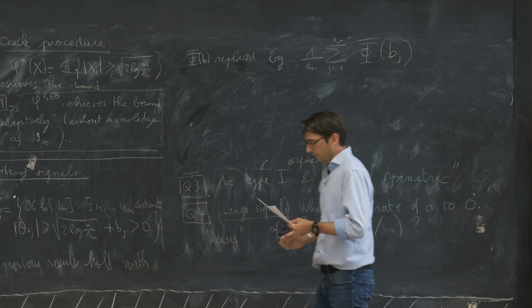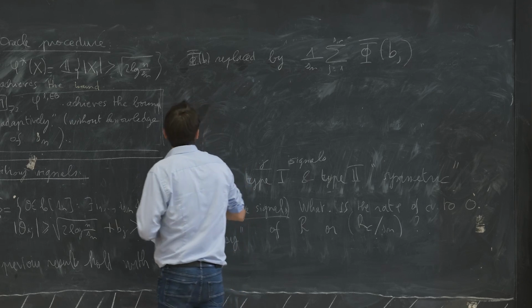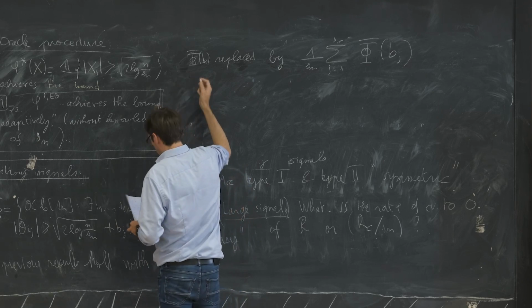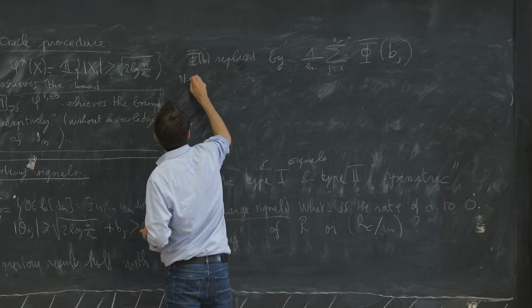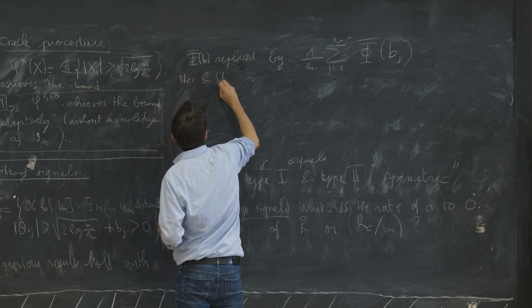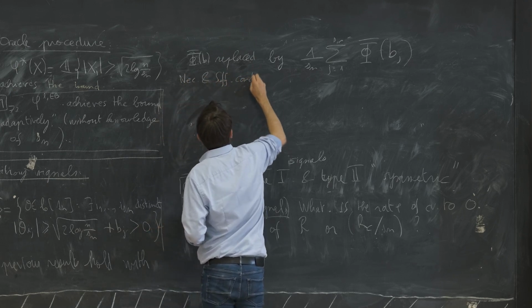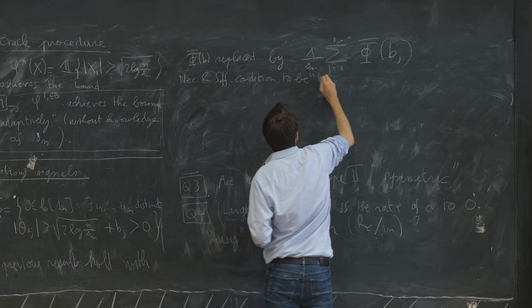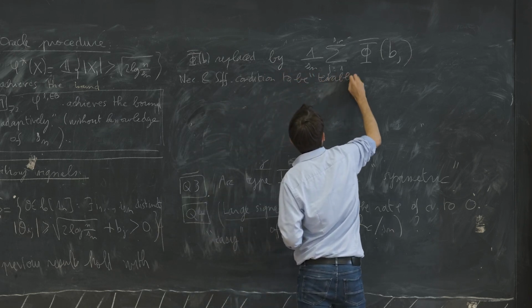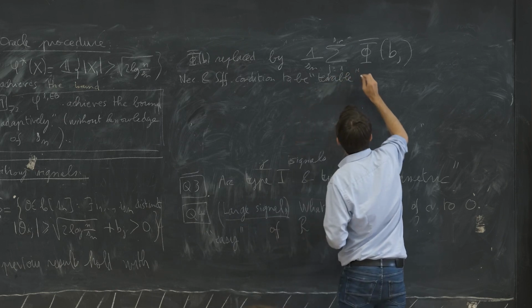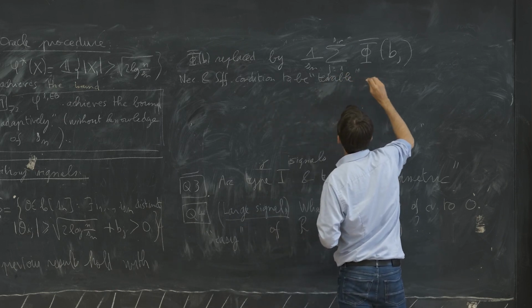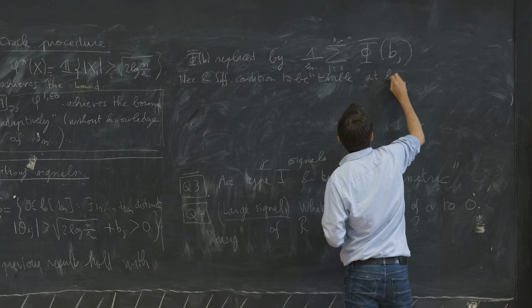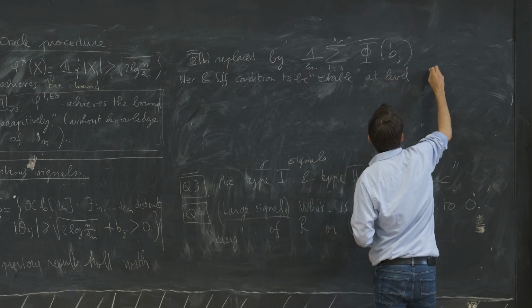Okay, so that's nice, and in particular what's good is that it gives you a necessary and sufficient condition to be testable. I don't know if it's written this way, but hopefully it's understandable. Testable at level, say, alpha.